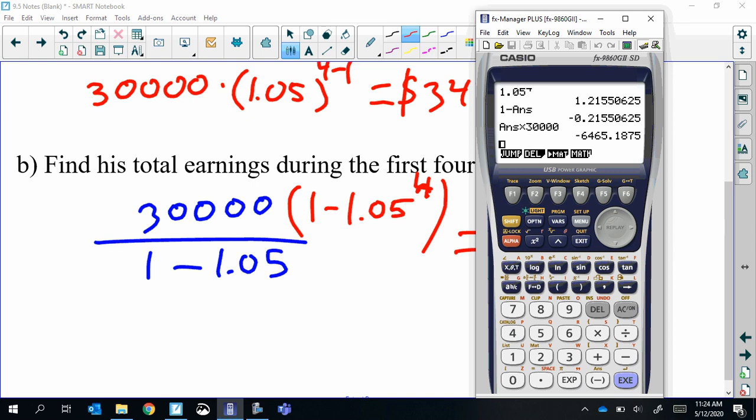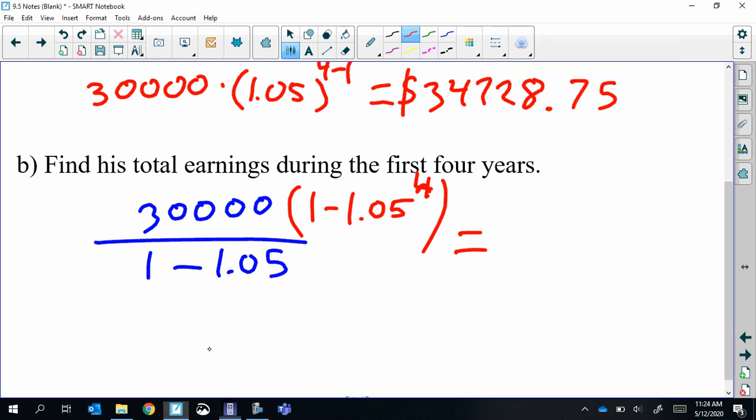So that's our numerator, and we are dividing by 1 minus 1.05, that would just be negative 0.05 if you subtract that. So the total is 129,303.75.